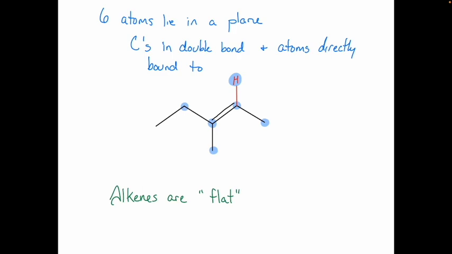So it's frozen in place there. You can't do any rotating, so all 6 of those atoms are stuck in that plane. So we can just make a note: double bonds do not rotate.